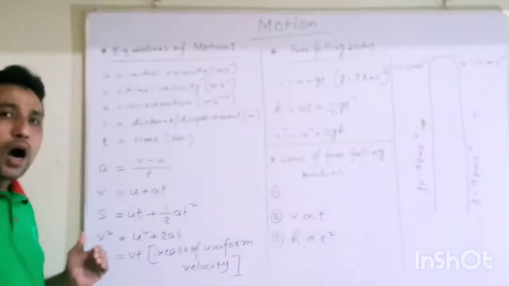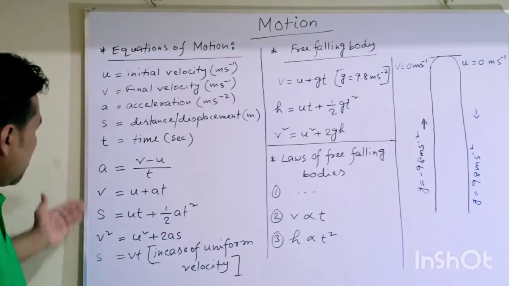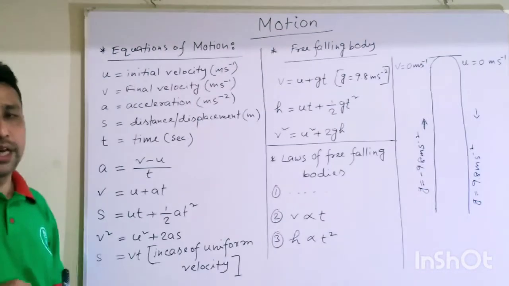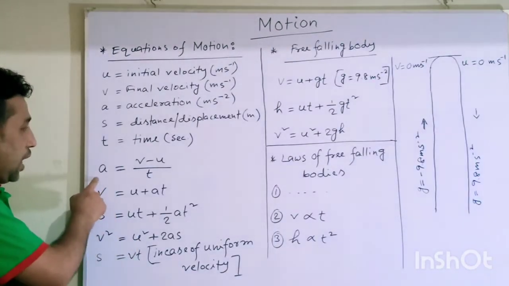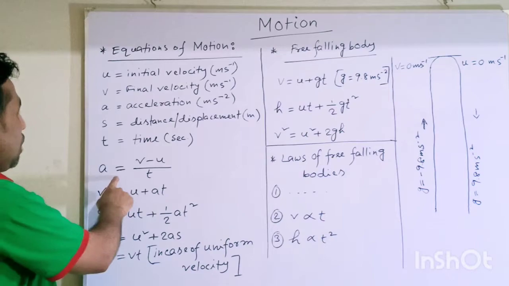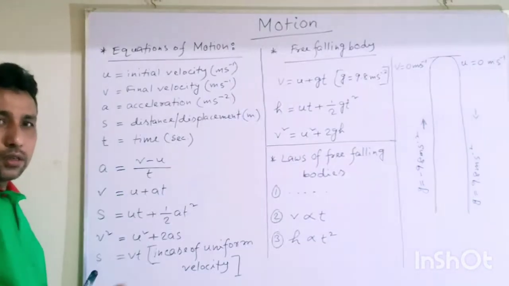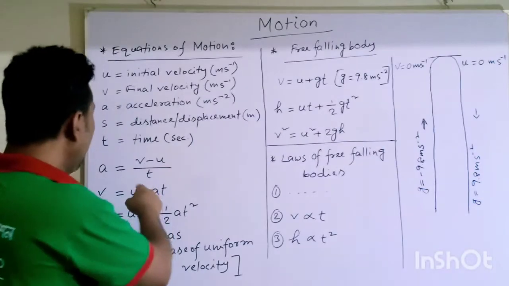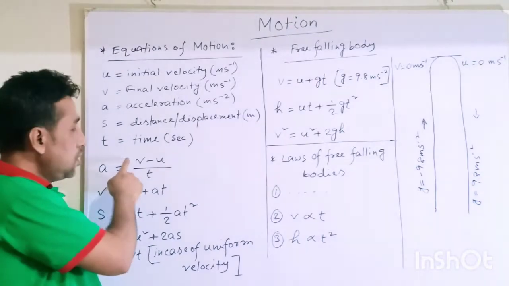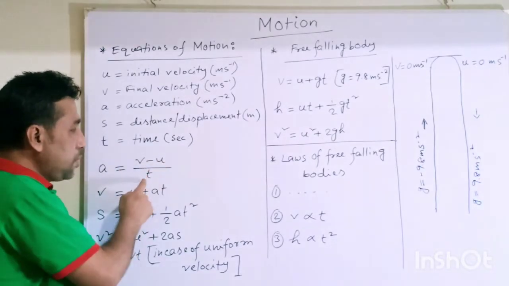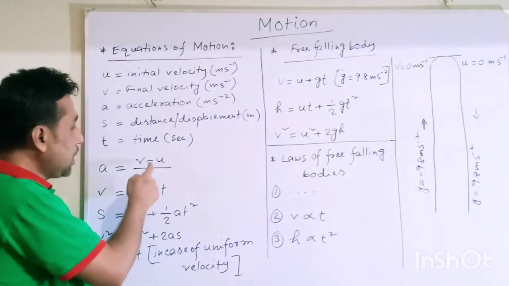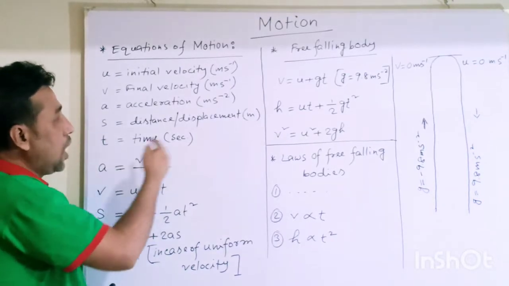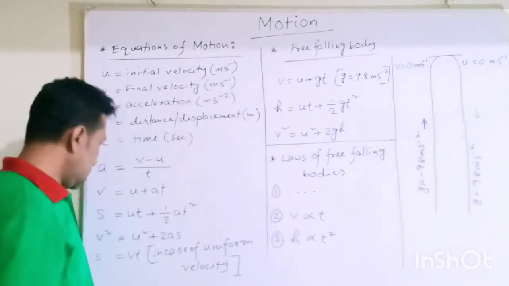Now, how will you find the acceleration using a formula? You see, A is equal to V minus U divided by T. V is the final velocity minus the initial velocity, divided by time. Easily you get the acceleration, and the unit of acceleration is given here.